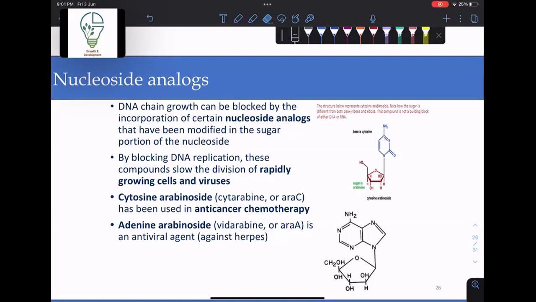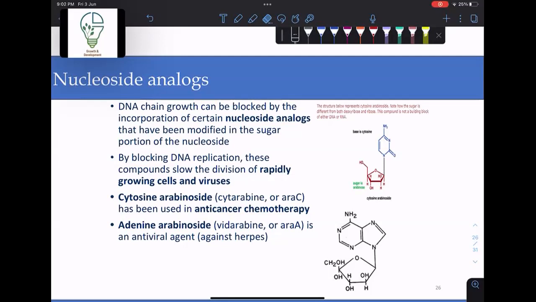So they block the DNA replication and they slow down the division, right? And this is essentially very useful in rapidly growing cells and in viruses, because in viruses and growing cells, we need these nucleoside analogs to stop the growth of the DNA molecule.